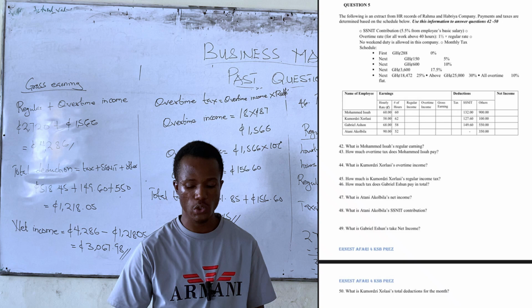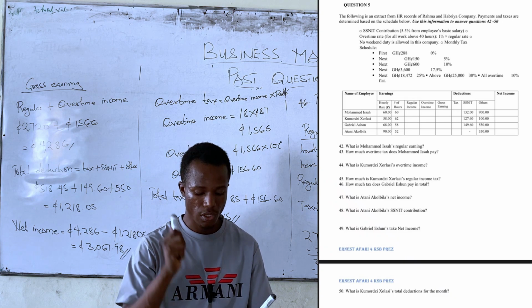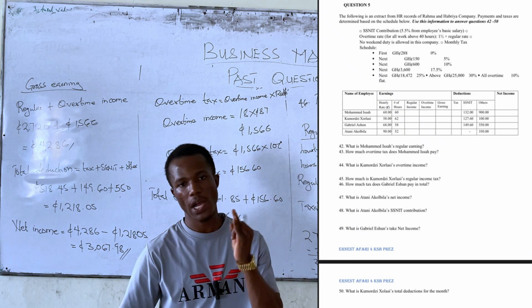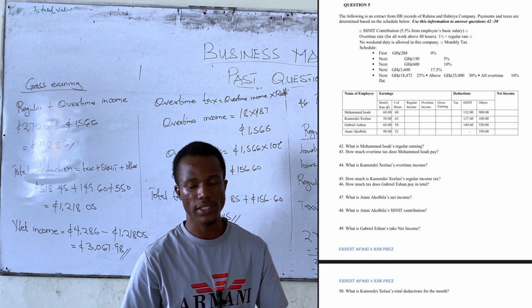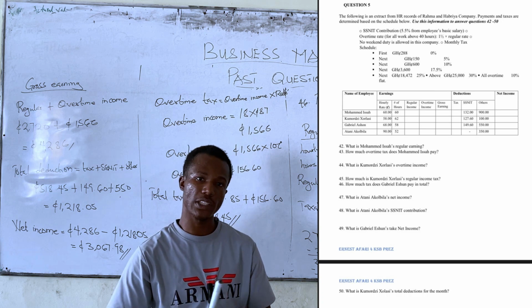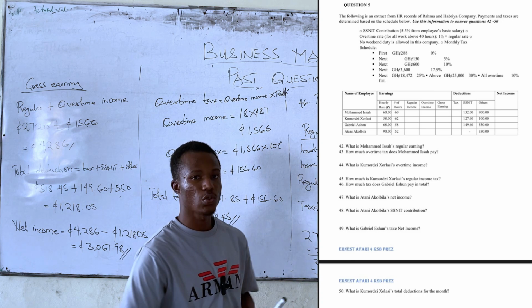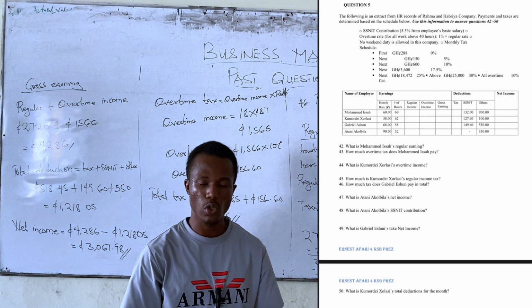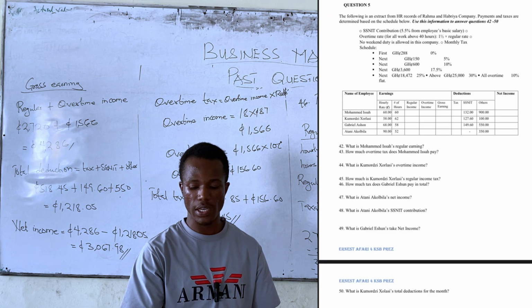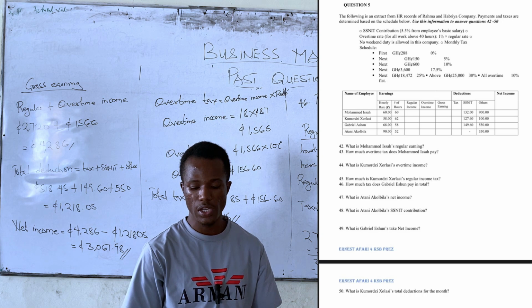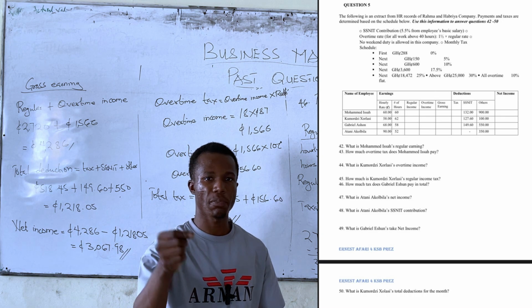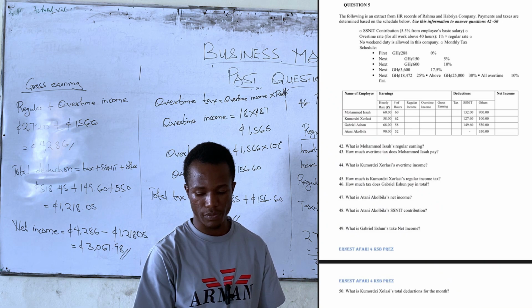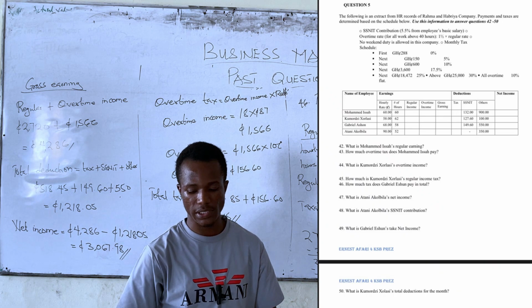So for him, you are going to calculate for regular income, overtime income. You add to get your gross earning, right? Then when you finish, you calculate for overtime tax, regular tax to get the total tax. Then you also calculate for SNET, because already the three they gave us the SNET contribution already. So this one we just have to take 5.5%, then you multiply it by the regular income to get the SNET, and that is all.